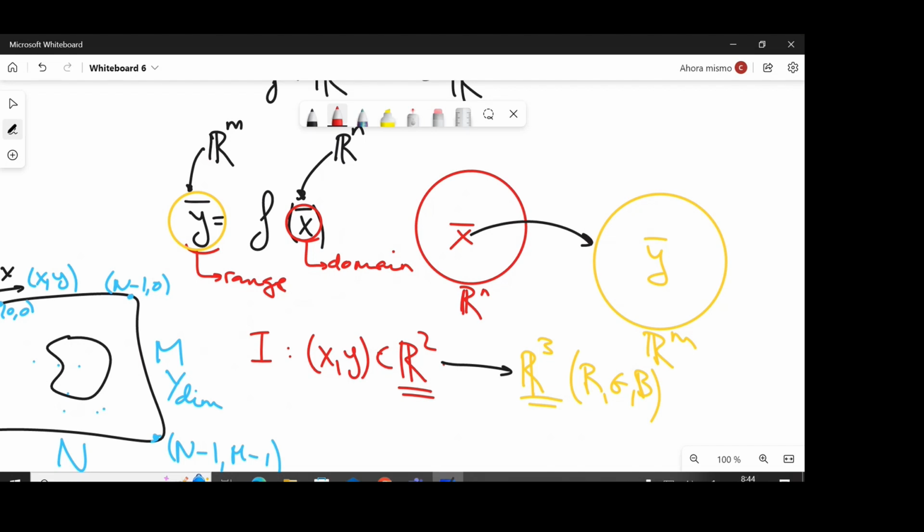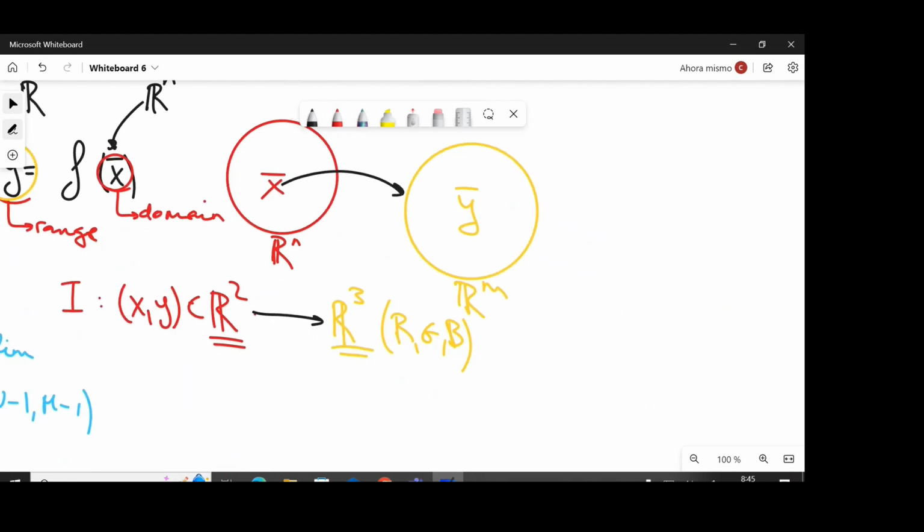This is the image in the real world. So the image in the real world, for every possible spatial location, gives you what is the color. So this is the real world image.